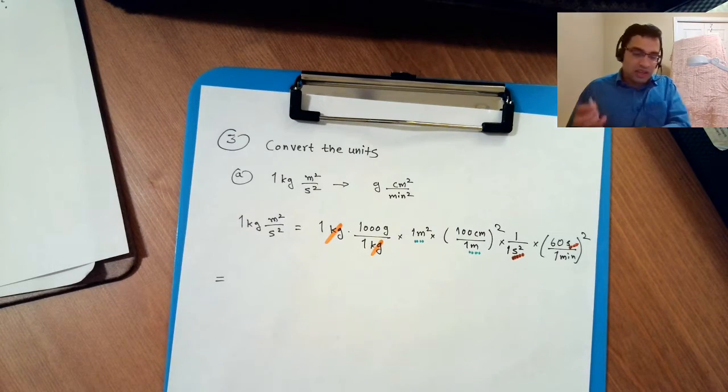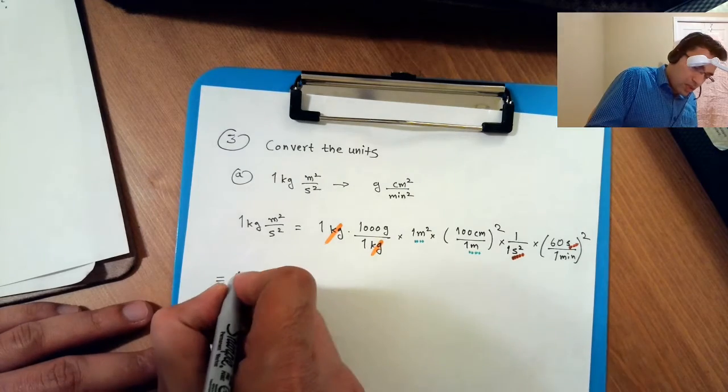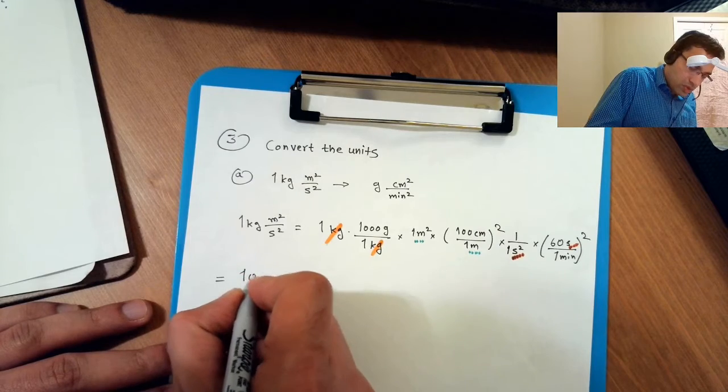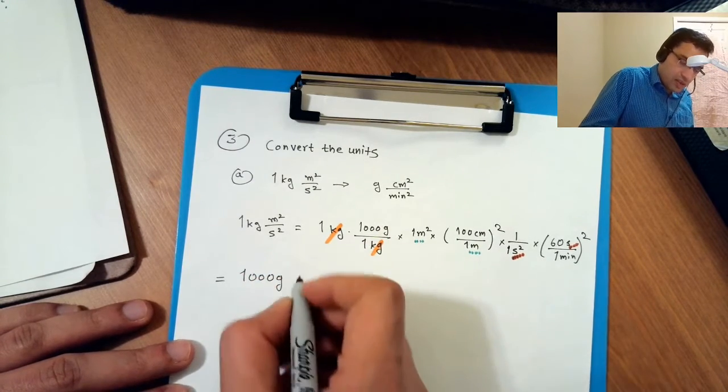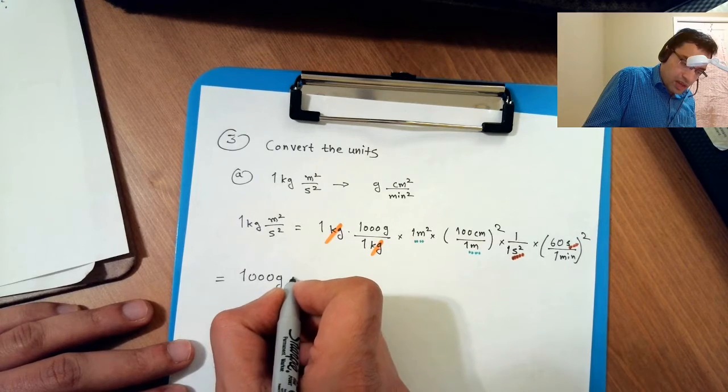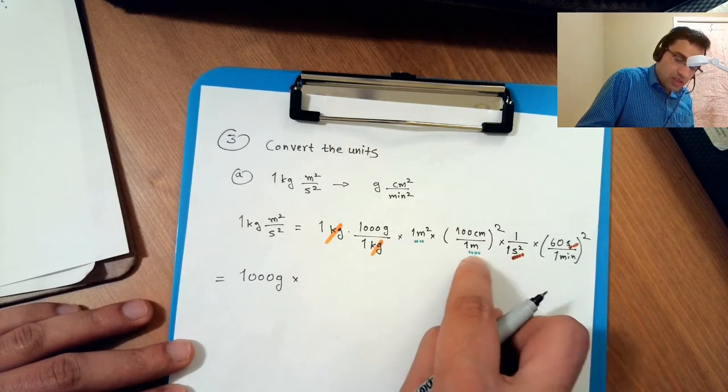What you're left with is 1,000 gram, which is this, times this meter square is gone.